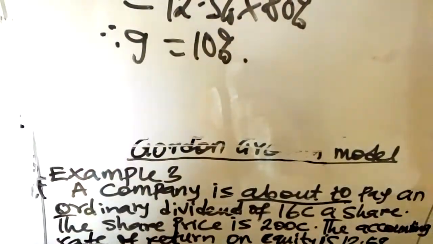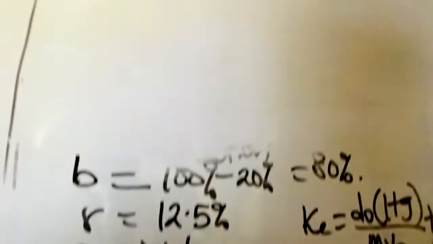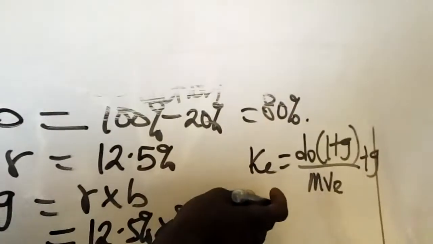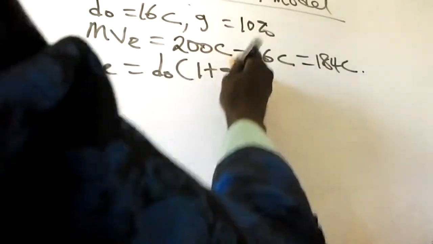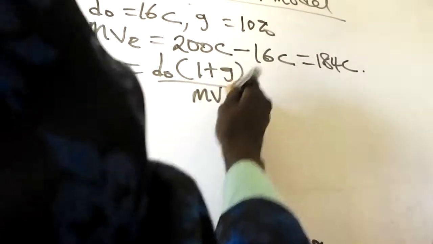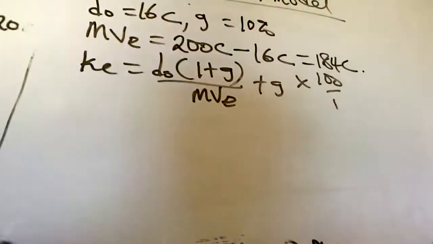Substituting into the formula, cost of equity equals D0 times 1 plus g over the market value, plus growth. You can multiply by 100 to convert it to percentage.